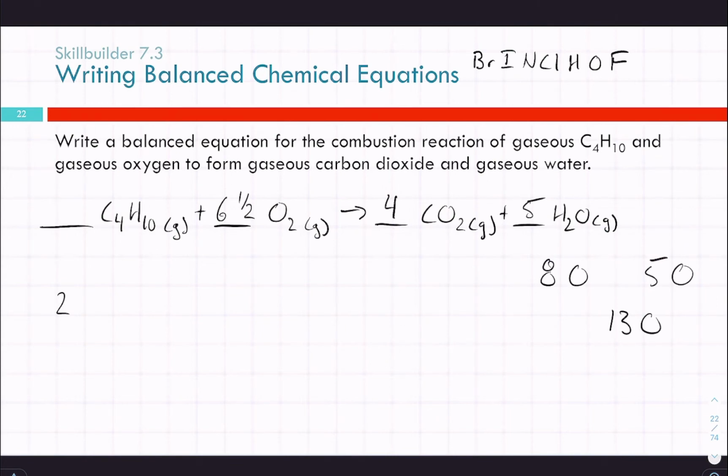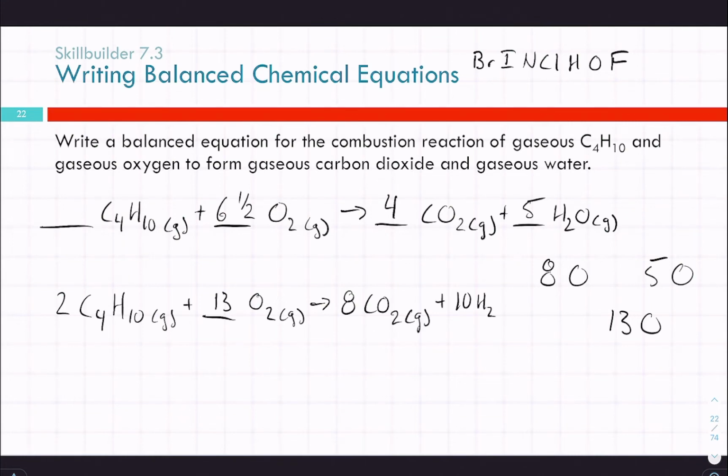So we're going to get 2 C4H10 plus 13 O2, and then 8 CO2, plus 10 H2O. So each of the coefficients gets multiplied by 2.